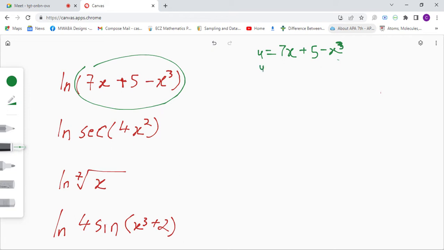All right. So u prime, right? The derivative of 7x. I believe now we're comfortable with the power rule, so I can just be deriving.